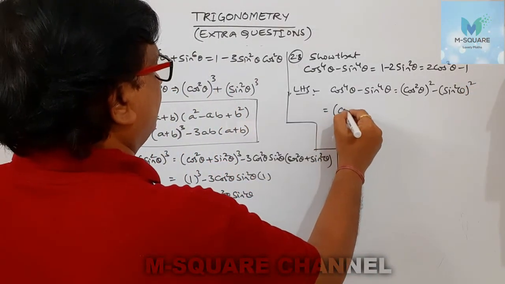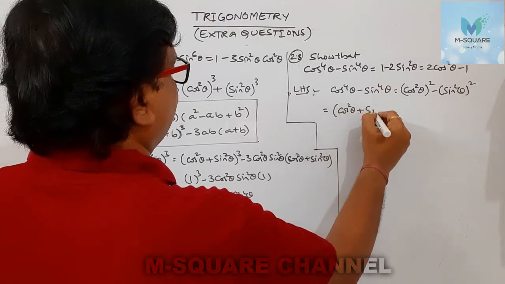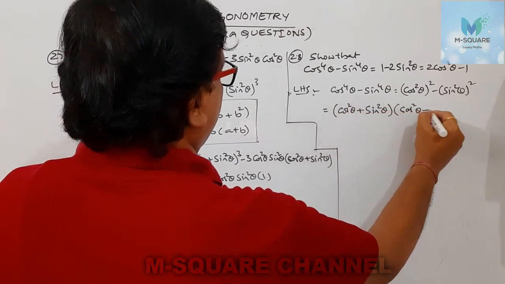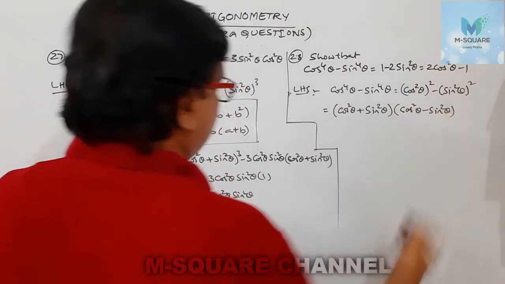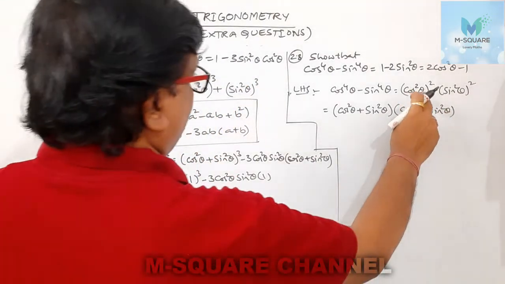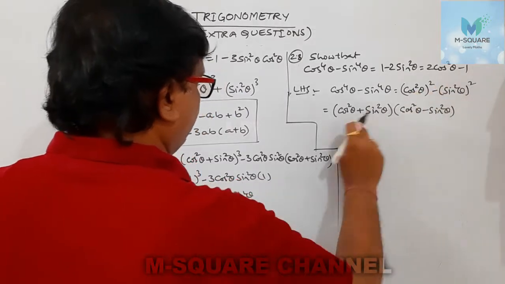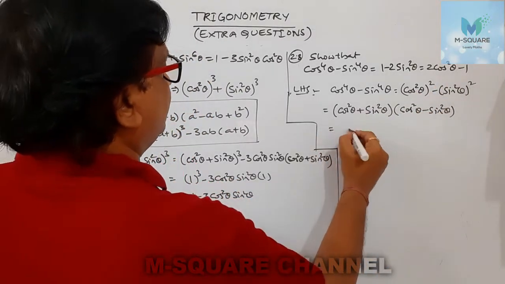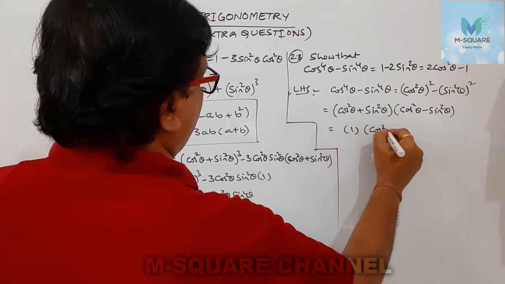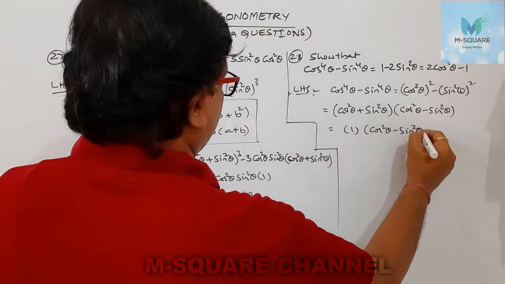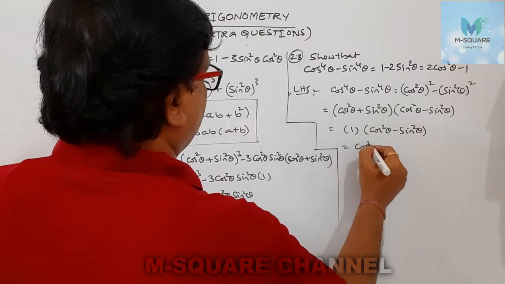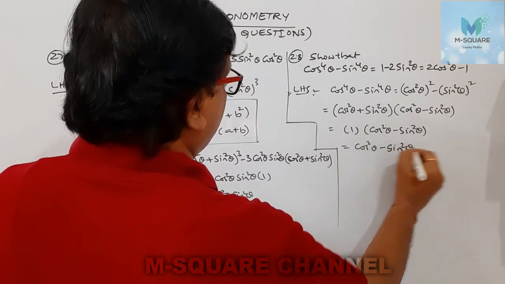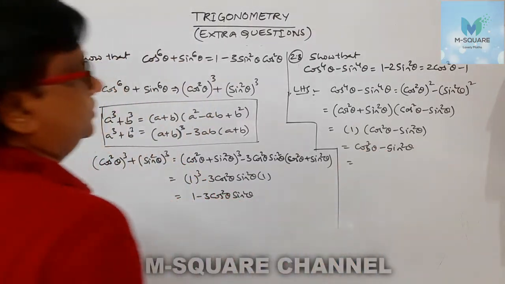So a plus b, cos square theta plus sin square theta, into cos square theta minus sin square theta. See, a square minus b square, a minus b, a plus b. So this part is 1. So cos square theta minus sin square theta. So our answer is cos square theta minus sin square theta. This is the first answer.